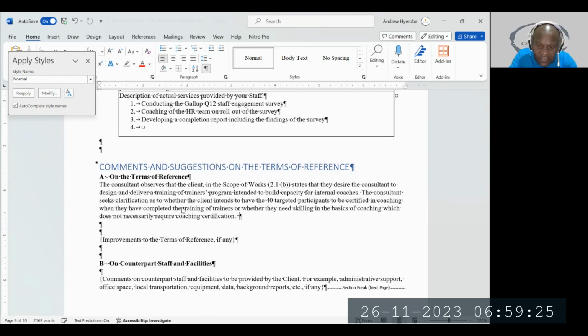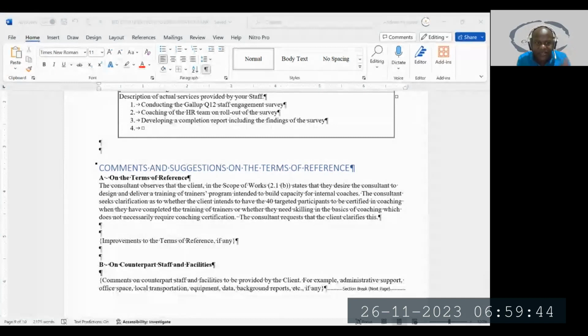So the consultant requests that the client clarifies this. Sometimes it's not until you start writing the bid that you realize we probably need to go back to the client and ask them, you aren't clear on this, what do you mean?